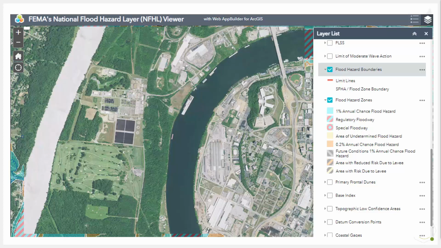Combining monitoring through stream gauging with history and mapping and modeling allows us to understand river behavior over space and time, not just at a single reach or monitoring station. It's critical that this knowledge be communicated to the public, land managers, and public officials so they can understand risk and make informed decisions.